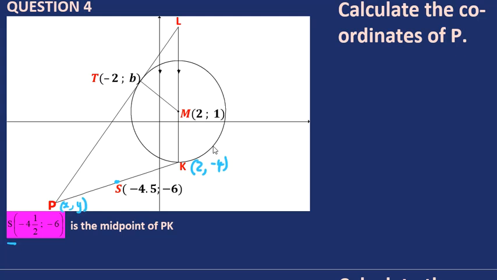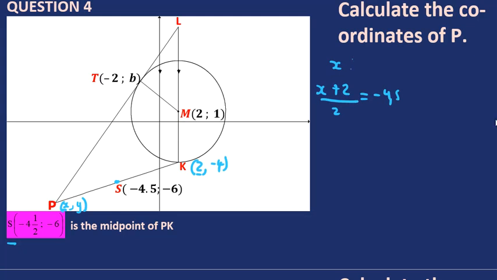So using the midpoint theorem, let's start with the x coordinate. The x coordinate we can calculate by taking the x value of P plus the x value of K divided by 2, and we know that this should give us -4.5.